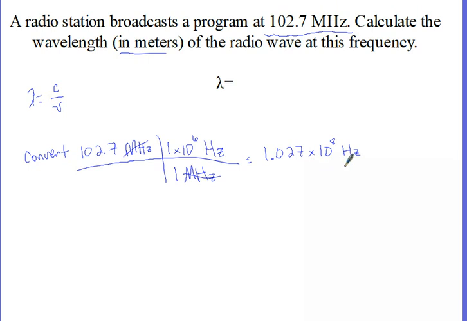And you need it to be this one so it will work out for you, because remember, a hertz is the same thing as per second. So when you're doing this problem, your lambda equals your speed of light, 2.998 times 10 to the 8th meters per second, divided by 1.027 times 10 to the 8th per second.